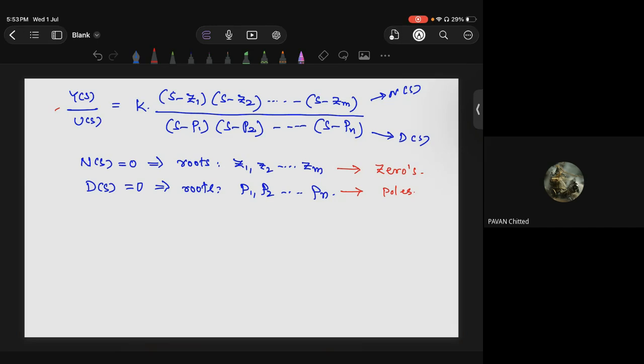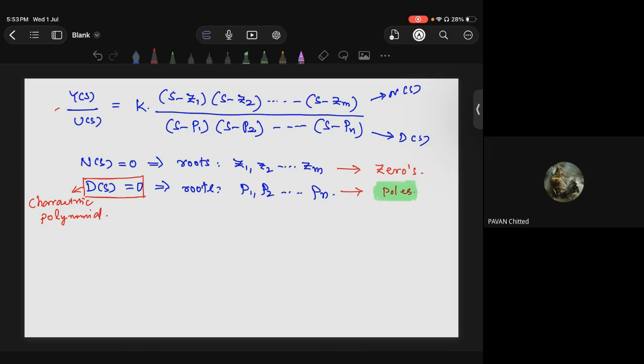We also call this particular D(s) equal to 0 equation the characteristic polynomial, because in overall control systems the poles play a very crucial role. Clear? Any doubts? No doubts.